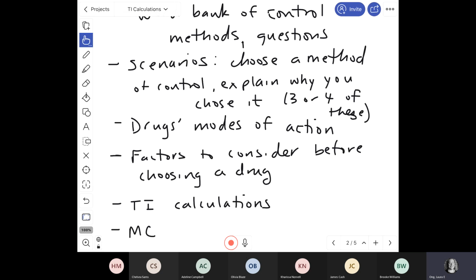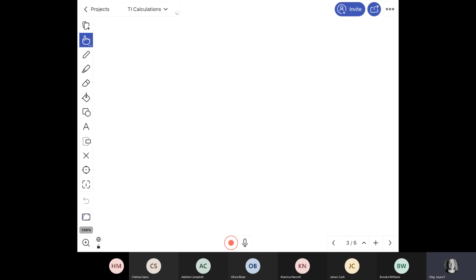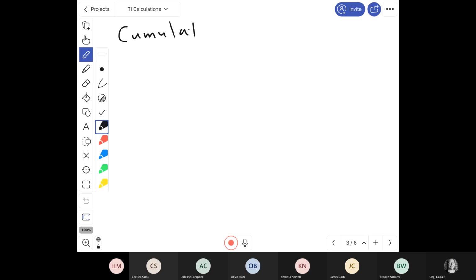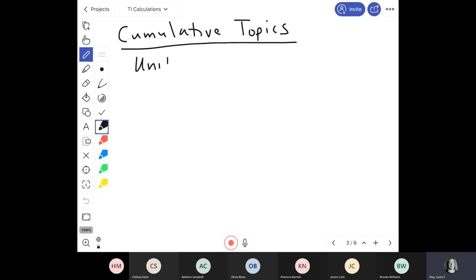So let me put in a separate blank page that's just about cumulative topics. And when you look back through what we've learned this semester, the cumulative topics are going to come from Unit 1.